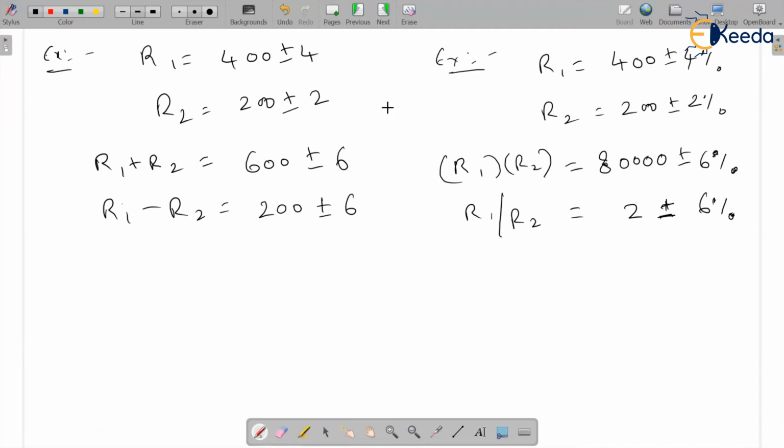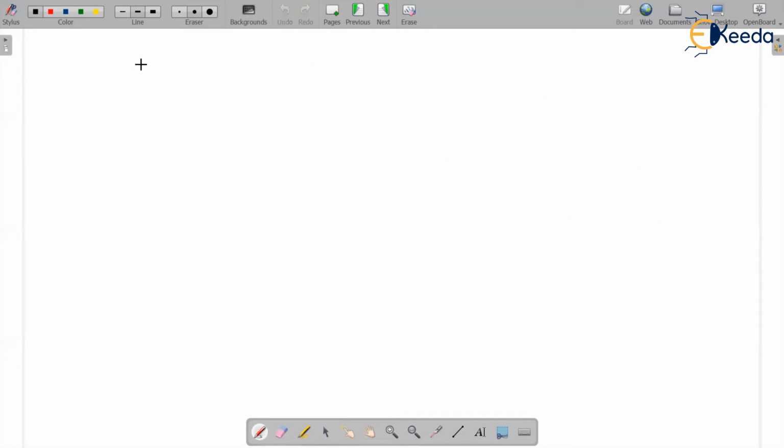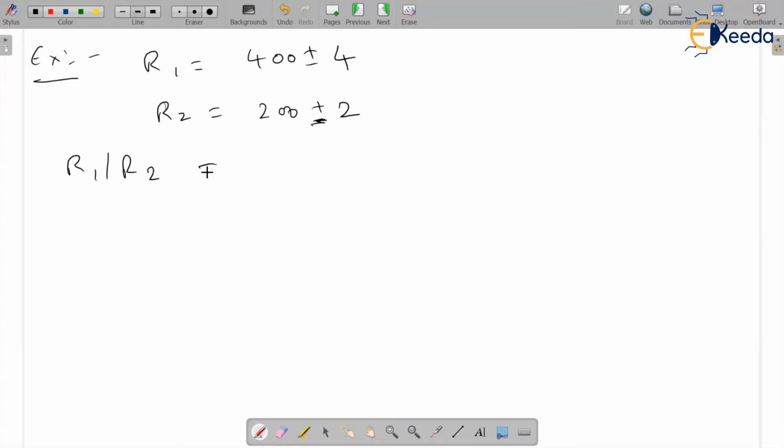Okay now. So then next example, now I am giving R1 is equal to 400 plus or minus 4, and R2 is equal to 200 plus or minus 2. So first calculate R1 by R2 is equal to question mark. You can't calculate because I gave in magnitudes and I'm asking a division operation.